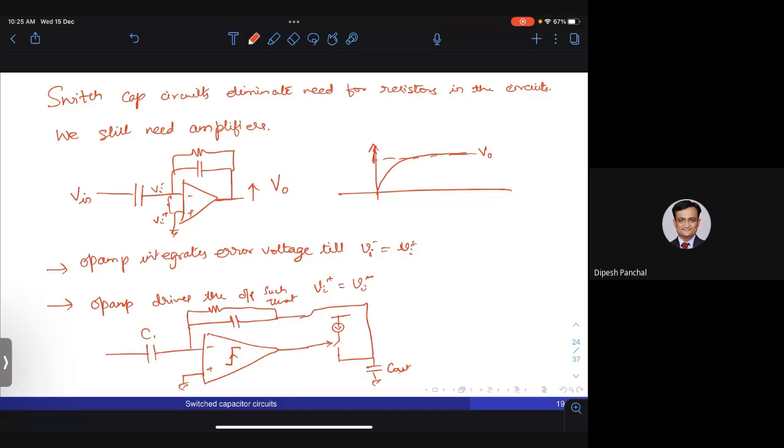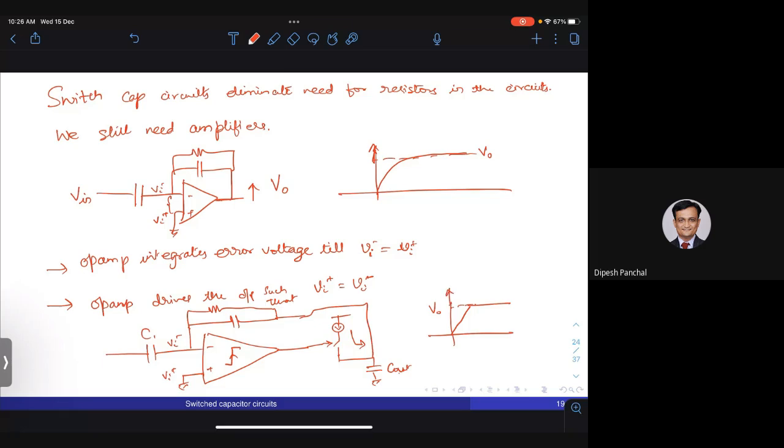In this case, whenever Vi plus is greater than Vi minus, the switch turns on and the output charges with a constant current source. Once the output reaches the final value V naught, the comparator output changes from 1 to 0 and the switch is disconnected, and the output basically remains charged at V naught.